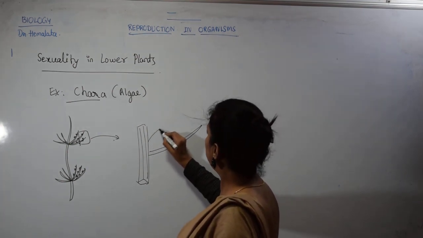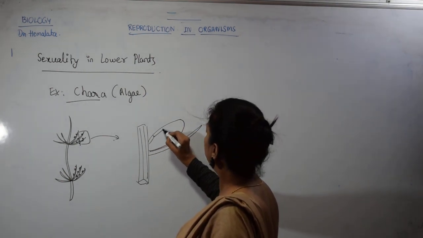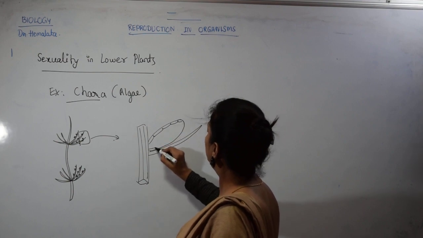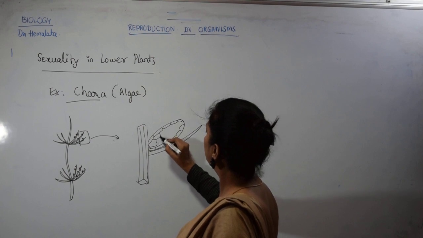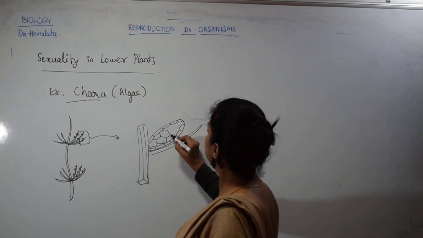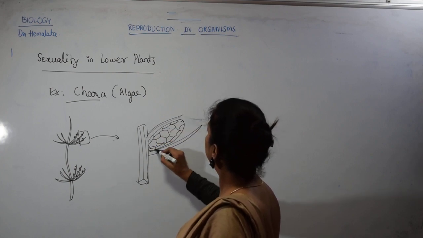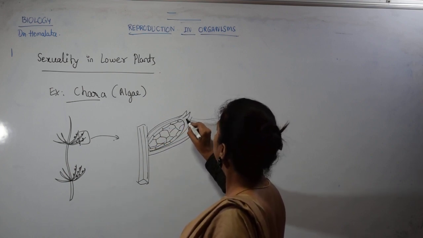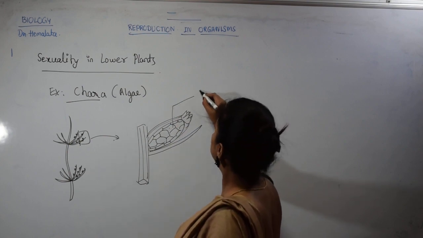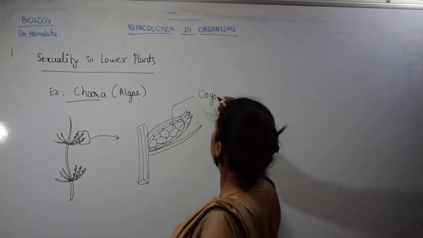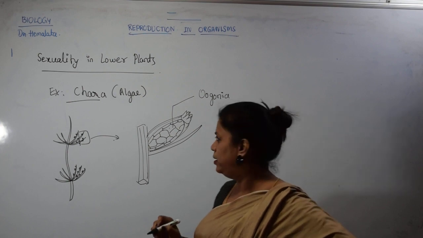And here you find this gynoecium. The structure is like this, covered by a thick covering. These coverings, we call the oogonia. We don't call them gynoecium, we call them oogonia, because they are algae, right?